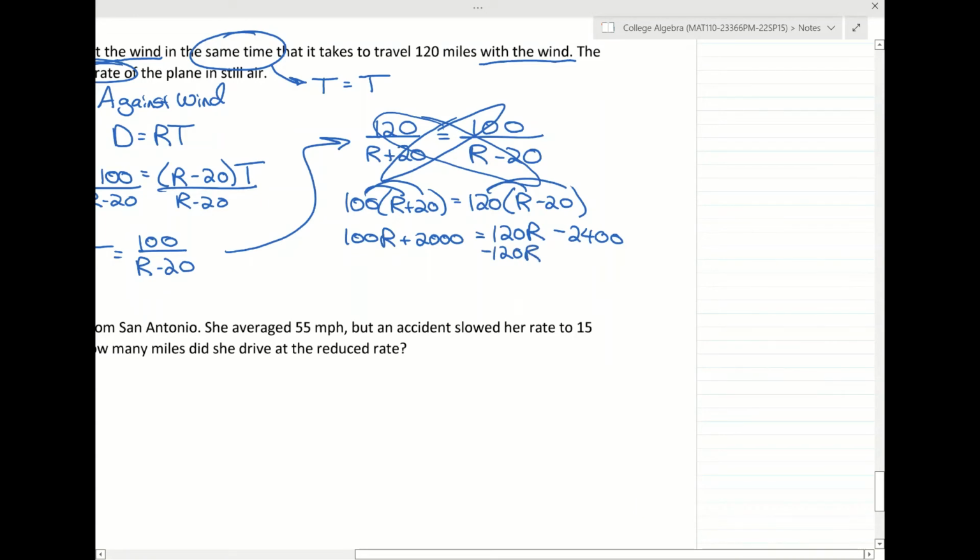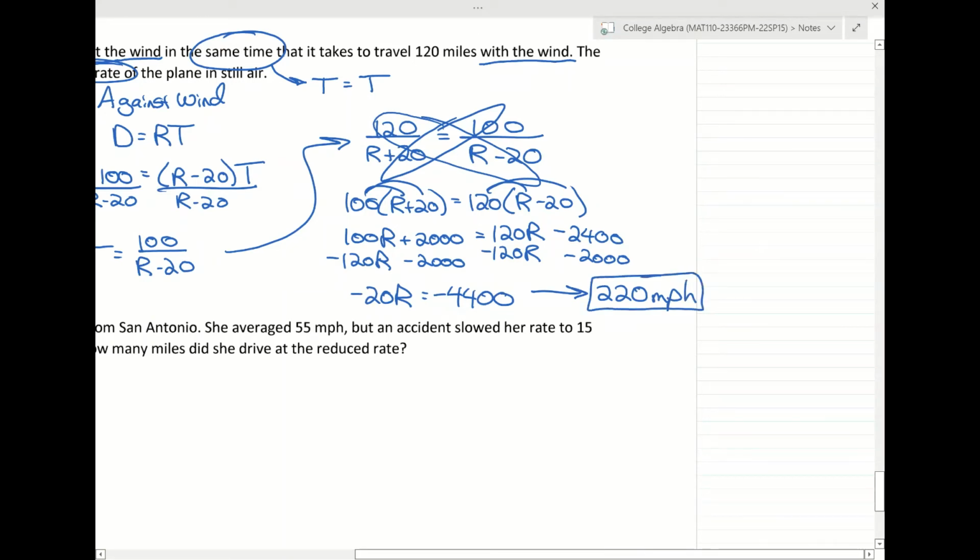Subtract r on both sides, add 2,000 on both sides. Negative 20r is equal to negative 4,400. Dividing by negative 20 gives us 220 miles per hour. That is the rate of the plane without any wind.